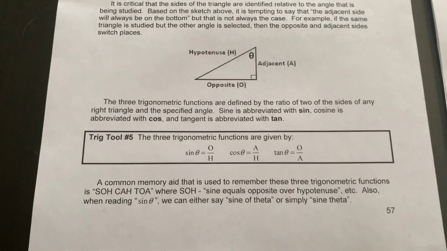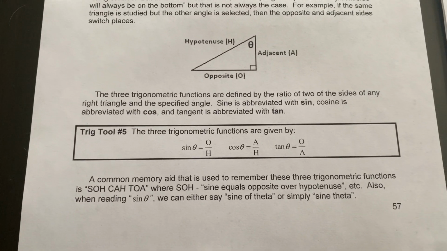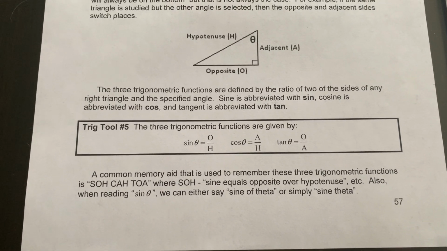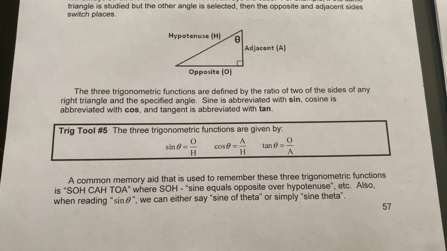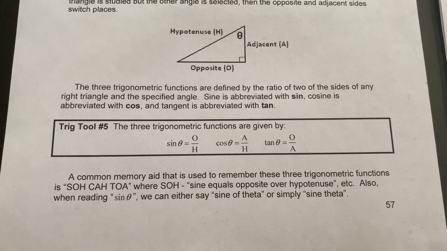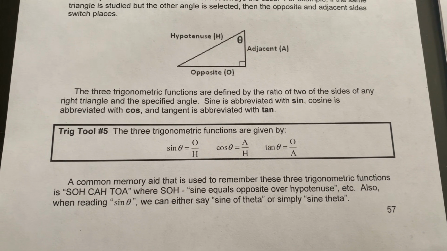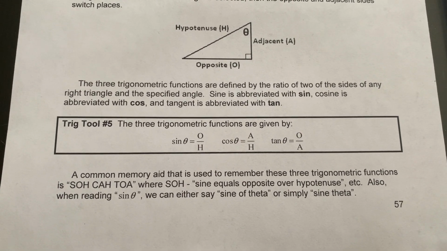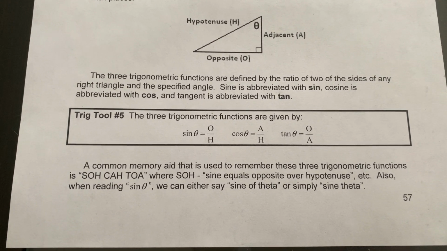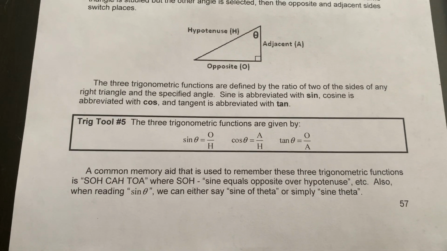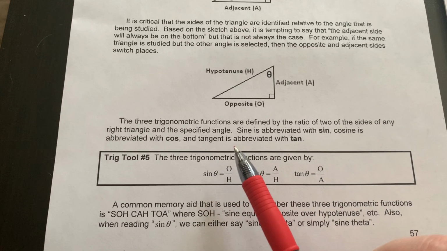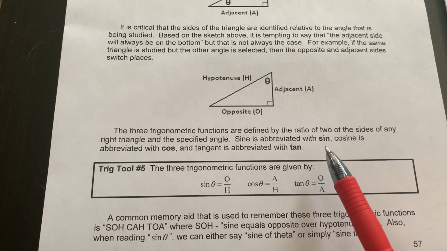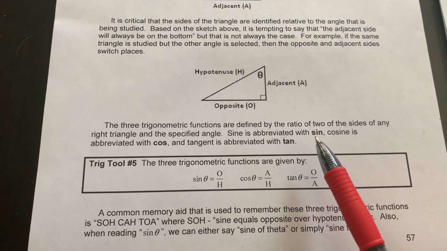So if we come back here, what we're going to be doing is defining these 3 trigonometric functions. The 3 that we're going to be using are called sine, cosine, and tangent. You can see it here in the book, right? Sine is S-I-N-E. It's abbreviated as just S-I-N.